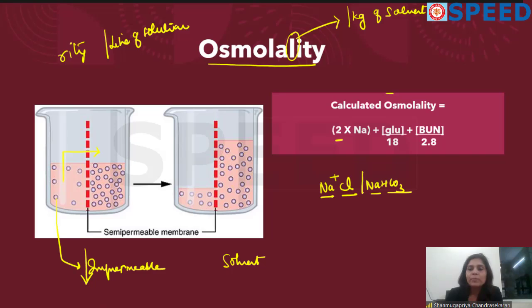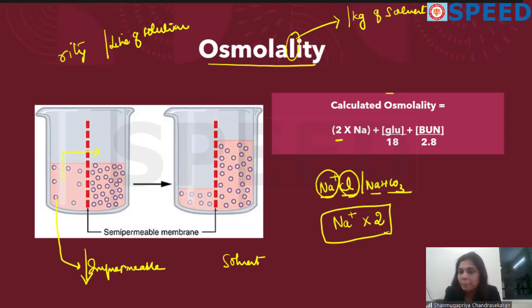So instead of measuring the cation and anion separately, it is wiser to measure the major extracellular cation, which is sodium, and if you multiply it by 2, you have taken into account the effect of anions as well. So the reason for the first component, 2 into sodium, is that you have included the effect of not only sodium but also corresponding anions.